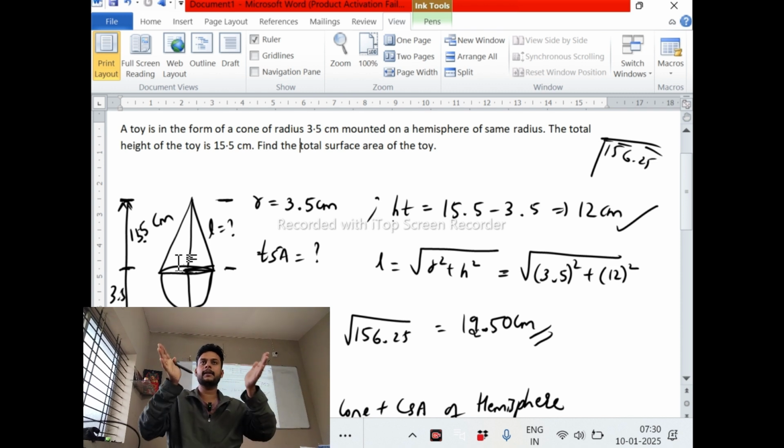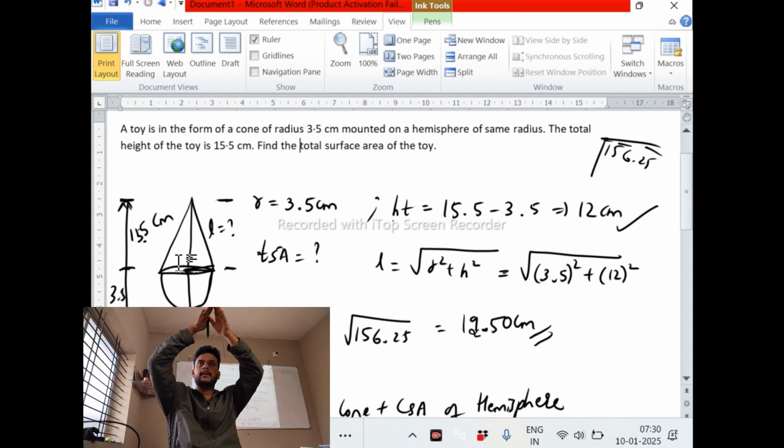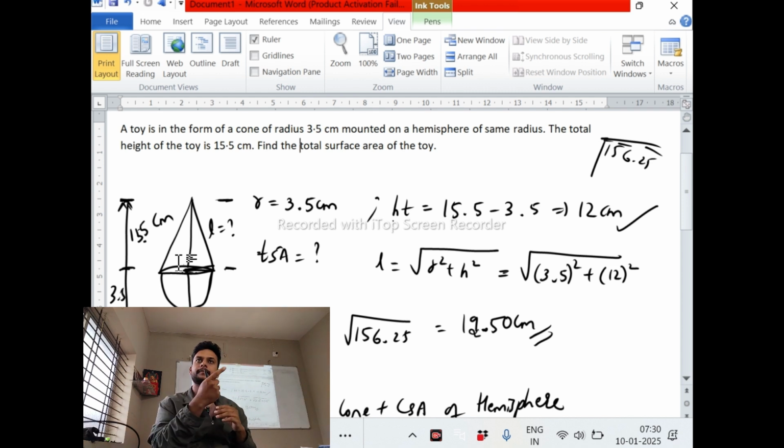I'm just considering this layer and this layer. TSA means you should consider cone plus the bottom layer, hemisphere plus the bottom layer. But we are concentrating on the toy. Toy has this part and this part, so I'm just considering the outer part. That is what CSA is.